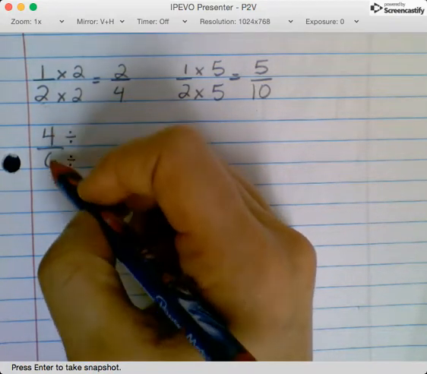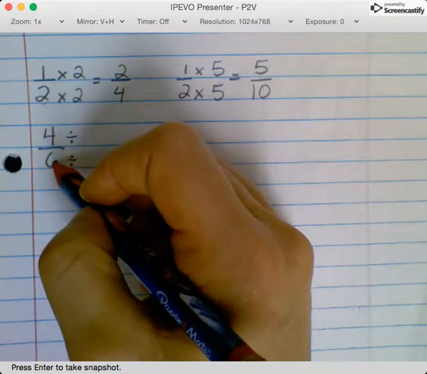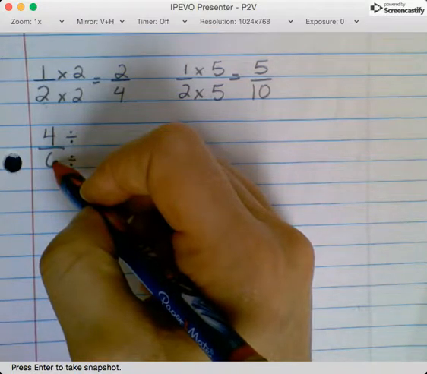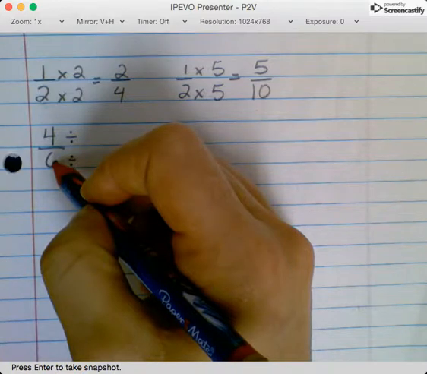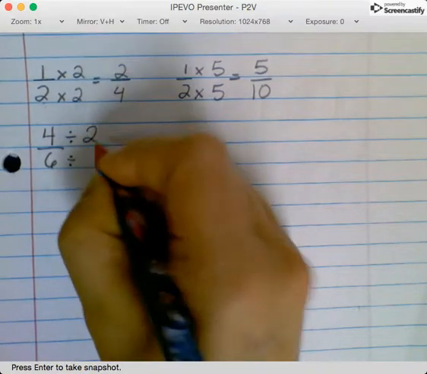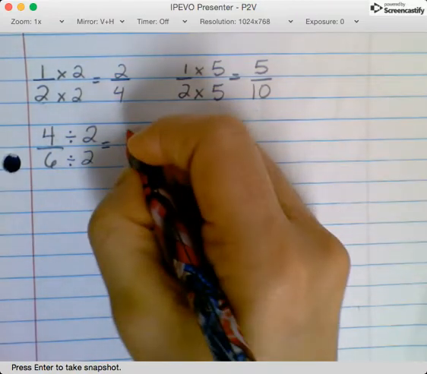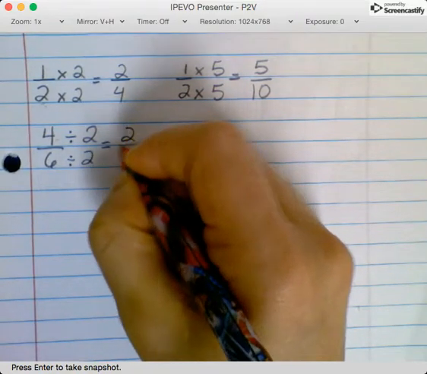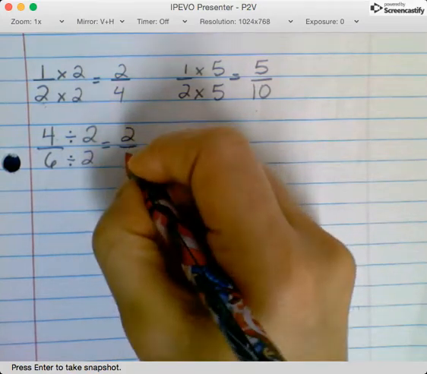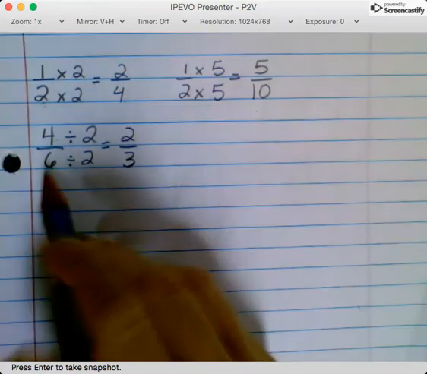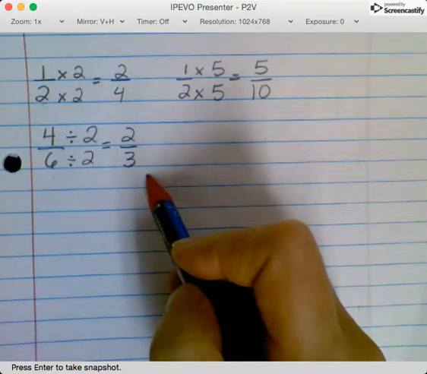So if I look at 4/6, I have to find a number that is a factor they have in common. Okay, 4 and 6 can both be divided by 2. So 4 divided by 2 is 2. 6 divided by 2 is 3. So 4/6 is equal to 2/3.